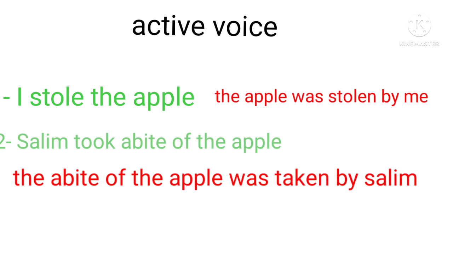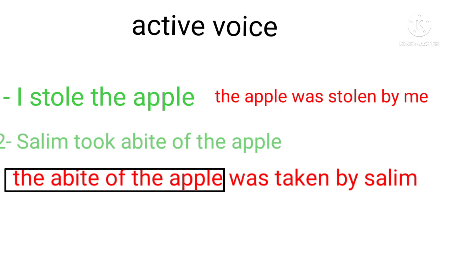Passive voice is useful if we don't know who did the action, or if we don't want to say who did the action. A bite of the apple. This is an object. Again, the second step, what do we do?